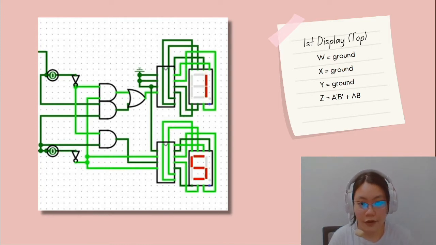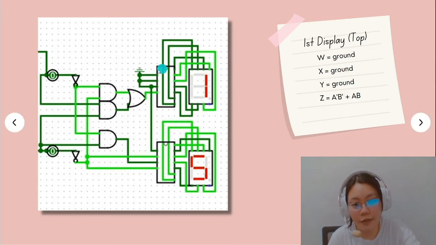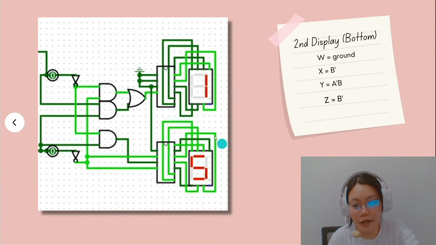For the first display, the one at the top, we can see that the first 3 inputs are grounded, while the last input Z is A prime ANDed with B prime, ORed with A and B. For the second display at the bottom, input W is also connected to ground, while X and Z are connected to B prime.